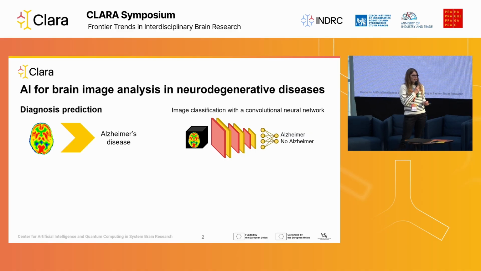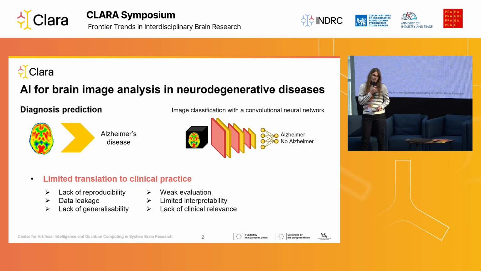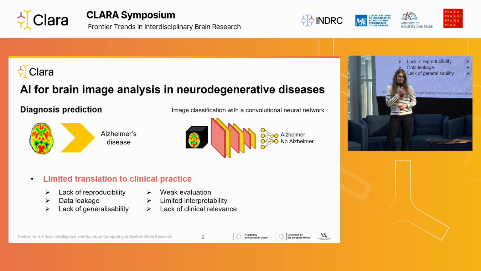There are many approaches that have been designed to do this type of thing, but very few are translated to clinical practice. This is because of many reasons that I won't have time to detail here.